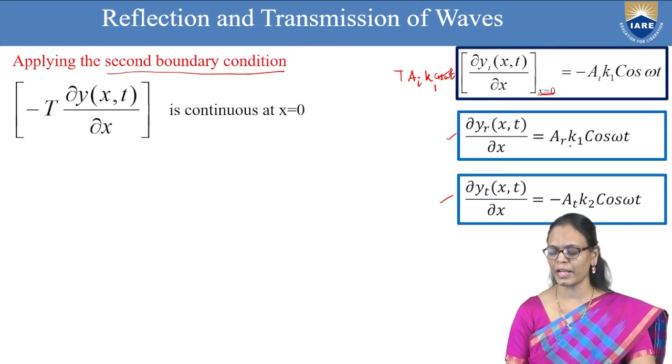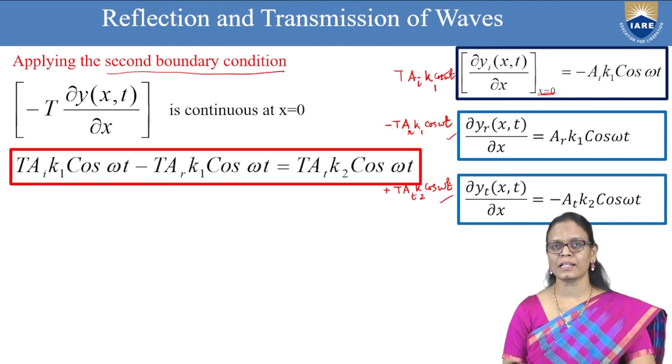And here we get minus T Ar k1 cos ωt. And for the transmitted wave, we get minus T, minus into minus, so we get plus T At k2 cos ωt.